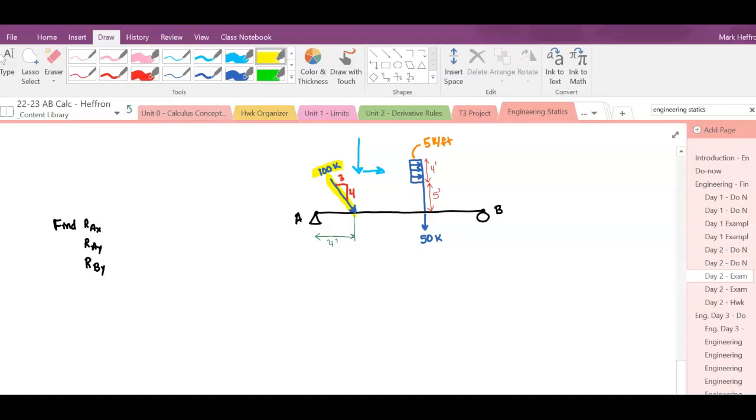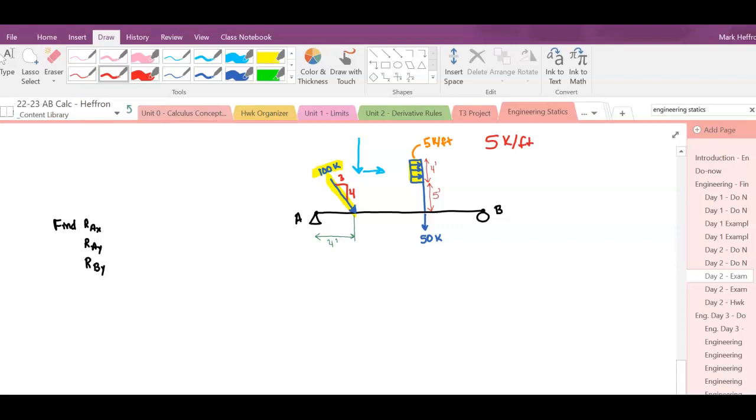And then the second piece, like wind wouldn't actually blow at a single point. This might be like a sign that had a 4-foot metal piece that's attracting wind, and that starts 5 foot up. And this is called 5 kips per foot.